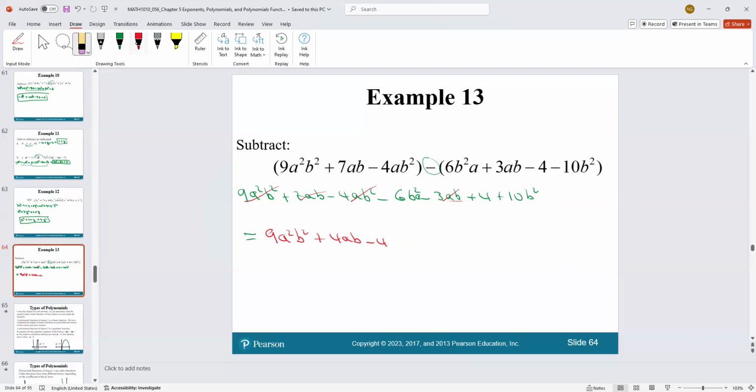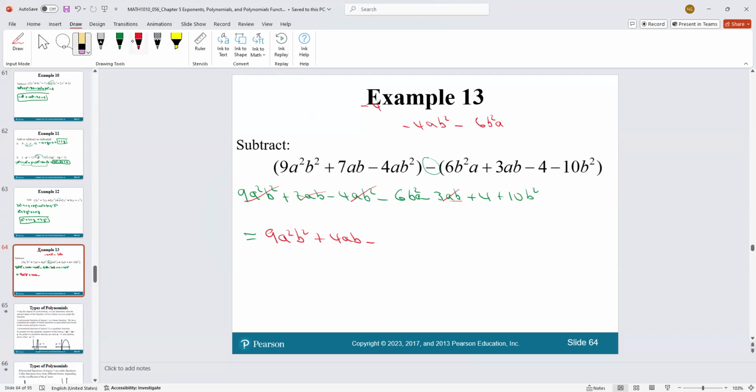I believe that will give us negative, because you do negative 4ab squared minus 6b squared a, which is the same thing, right?